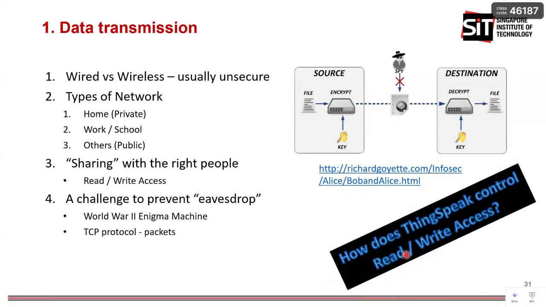So coming back to ThingSpeak, we have the read key and write key, and this is how it adds additional security. If you have noticed, when you copy the read key or write key, that string of text doesn't make any sense because they are meant to be unique. They are meant to tie back to your channel ID.